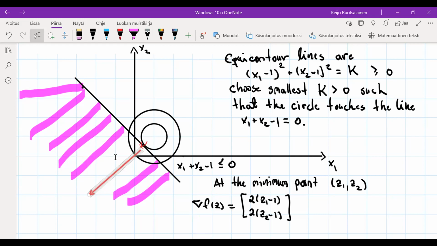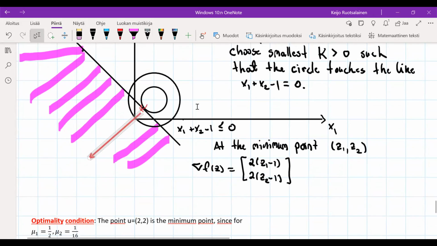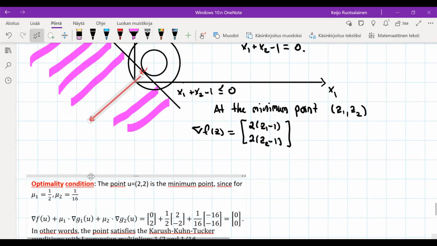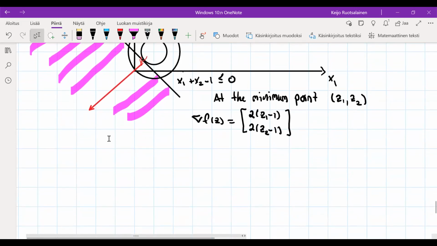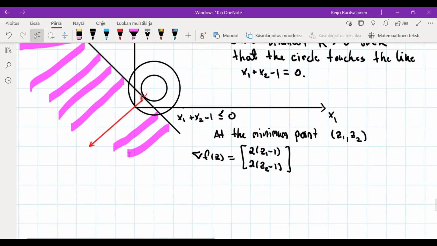And then we compute what is the normal vector of our constraint set in the point Z1, Z2.